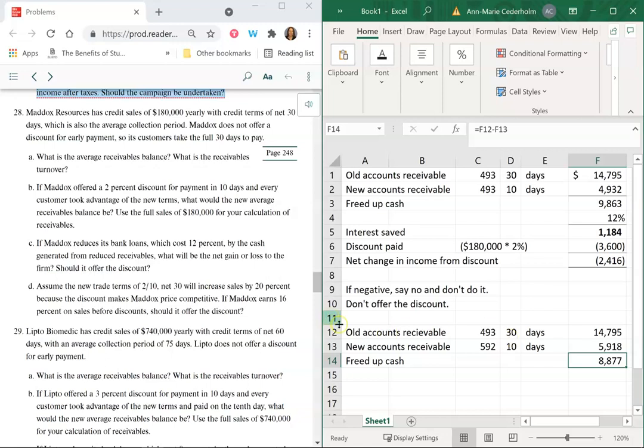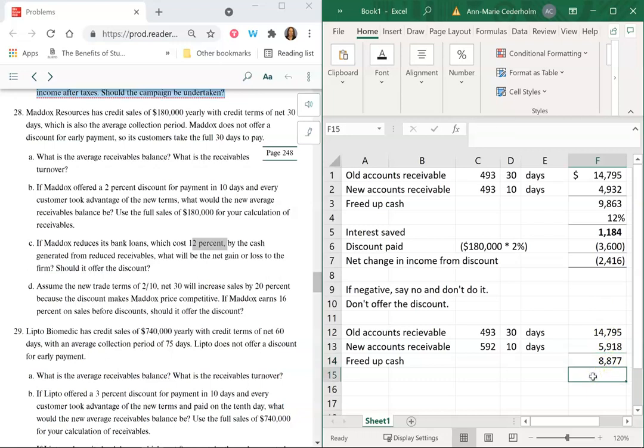Now we're still going to assume that we have a 12% bank loan. So I'm going to figure out what my interest is saved by actually paying down my loan with this extra money.